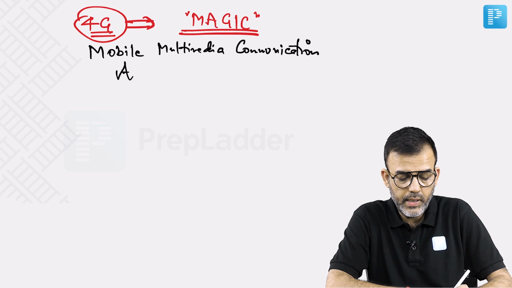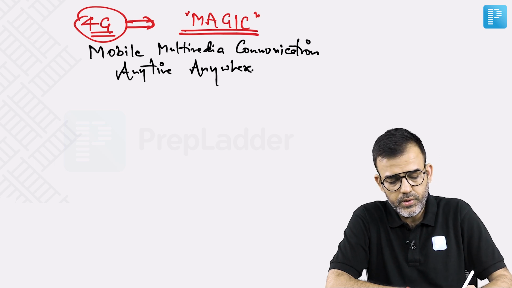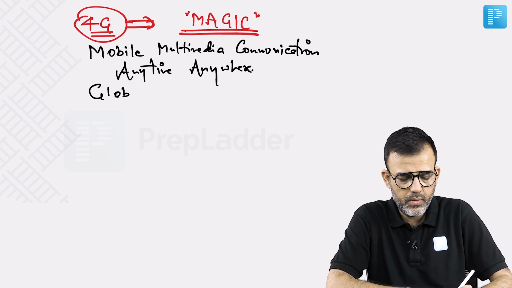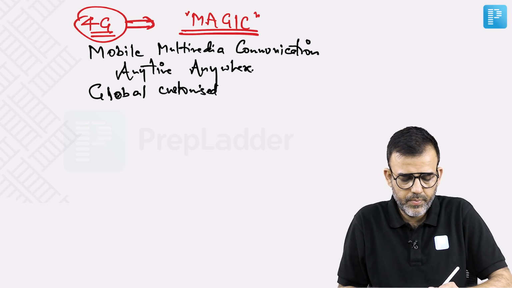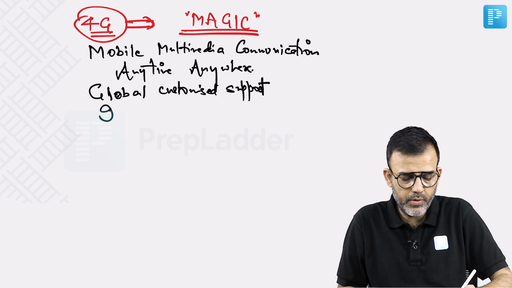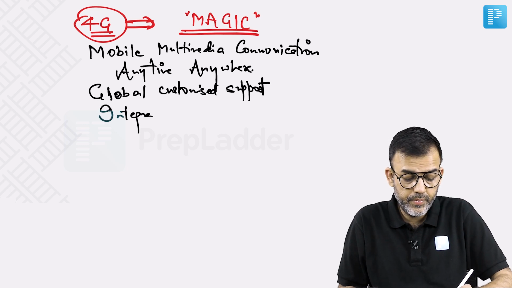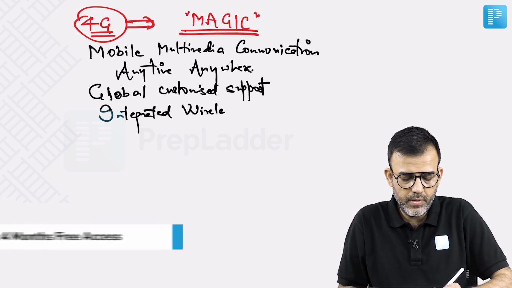A stands for anytime, anywhere. G is for global customized support. I stands for integrated wireless.